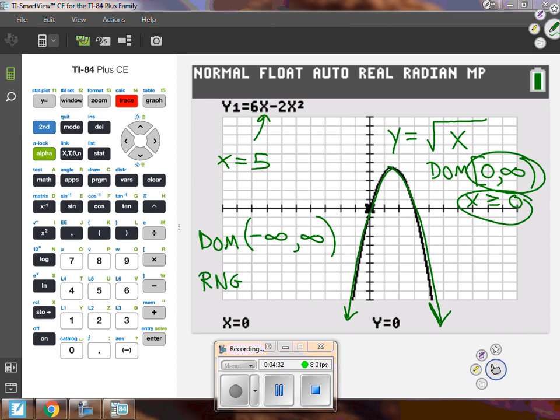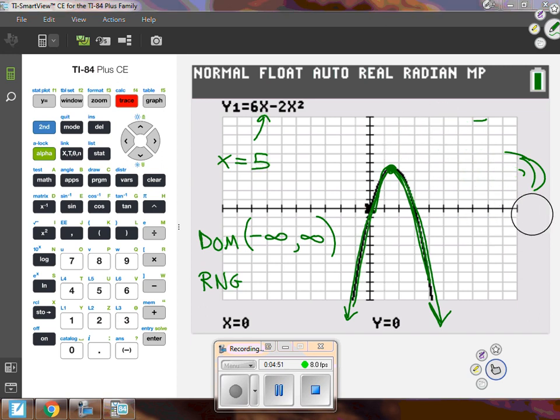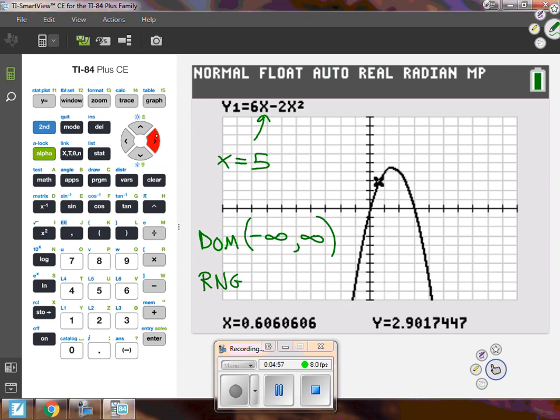Now let's get back to this one. How can we figure out the highest point that this parabola reaches? What do you think? Use the trace. Okay, let's trace. I'm going to erase this because it was a side note. And let's try to trace it to the right. Am I there yet? Am I there now?